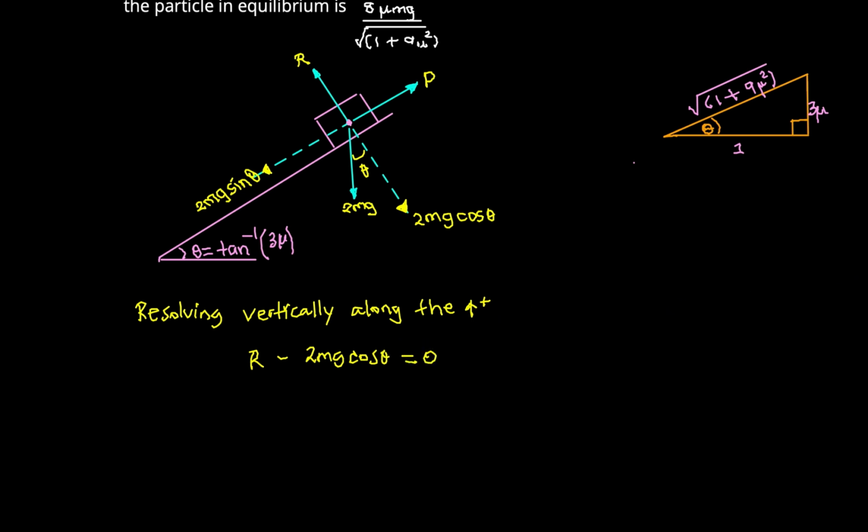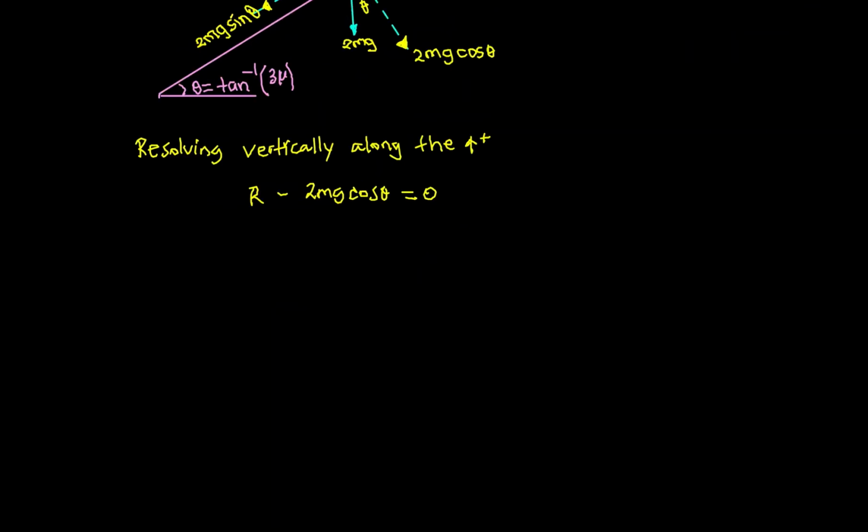Taking it to the other side, we have R equals 2 mg cos theta, and we can call this equation 1.